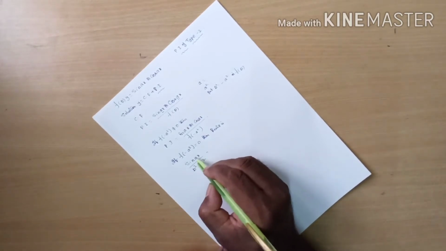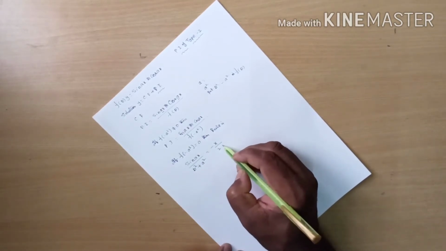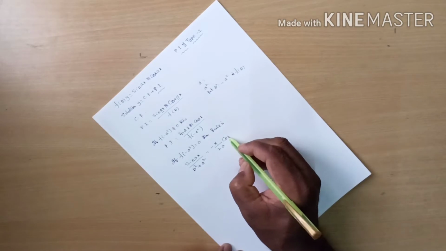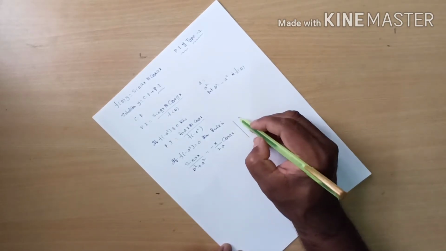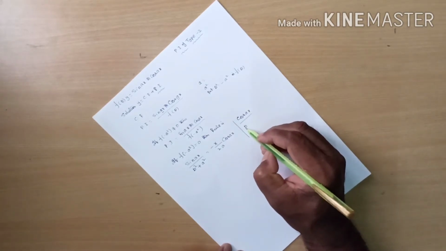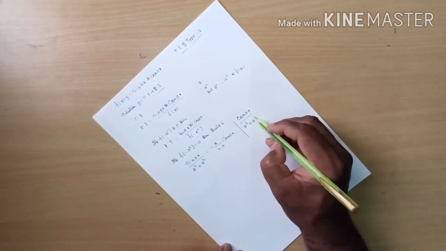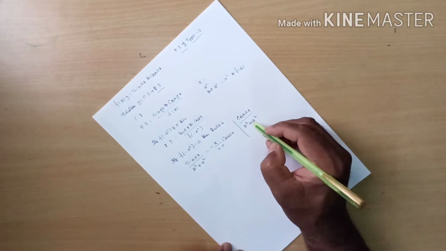Therefore, in this type of problem, the solution is minus x by 2a into cos ax is PI. Otherwise, if cos ax is there, then the denominator is D square plus a square. Here also you can substitute D square is equal to minus a square. You get 0 in the denominator, therefore it is not defined.